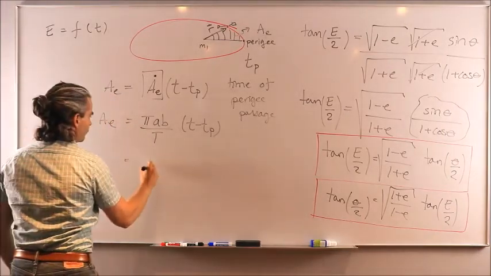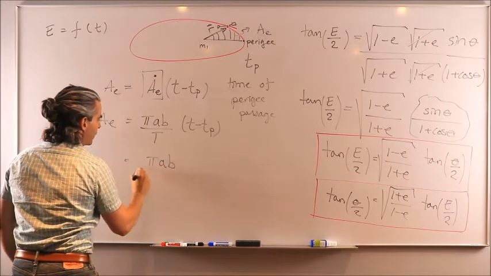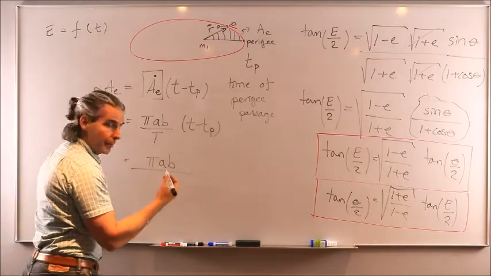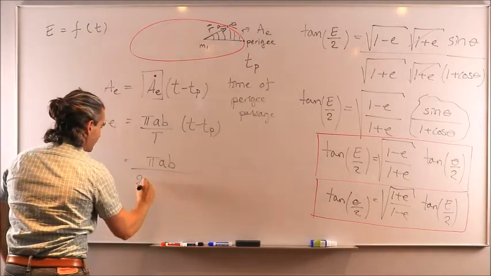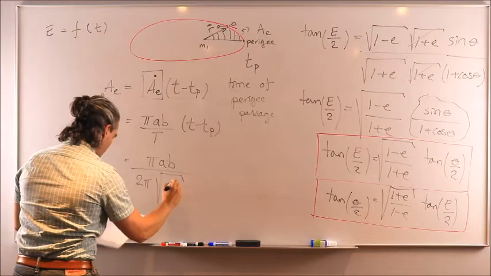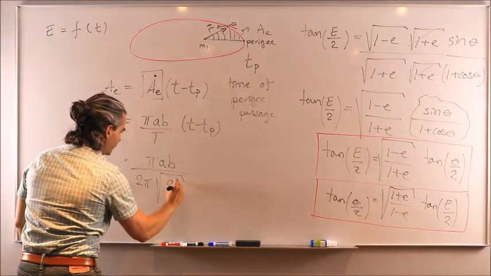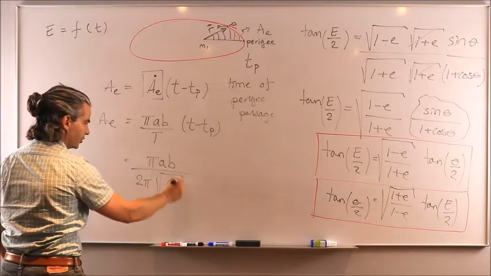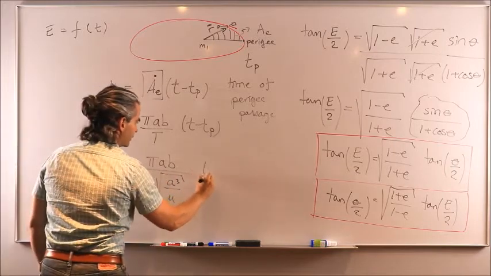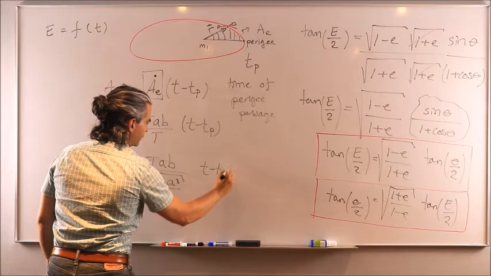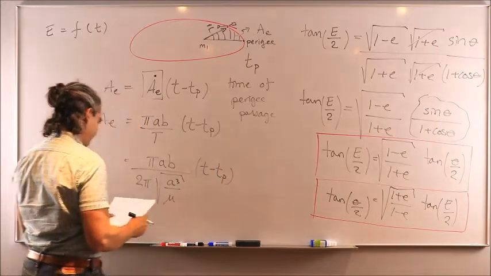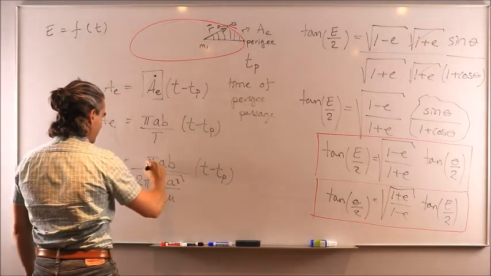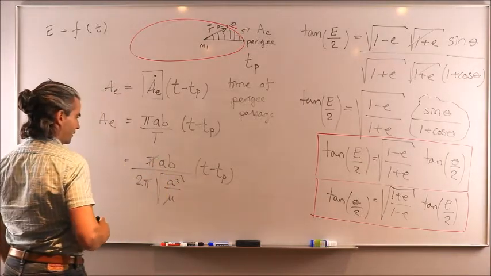We know, furthermore, how to rewrite the orbital period as a function of our semi-major axis, and that would be 2 pi square root of a cubed over mu, which is 1 over the mean motion, which is this term here, and all this times T minus TP. From there, I can cancel out my pi like that.